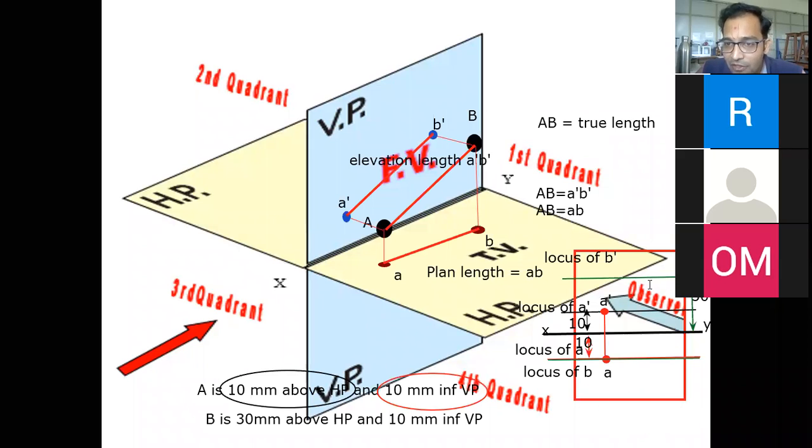So now where to position B dash and where to position B? B dash may be over here somewhere, or over here, or over here. And for B, I can say it may be over here somewhere, or over here, or over here. But where exactly is it going to be?